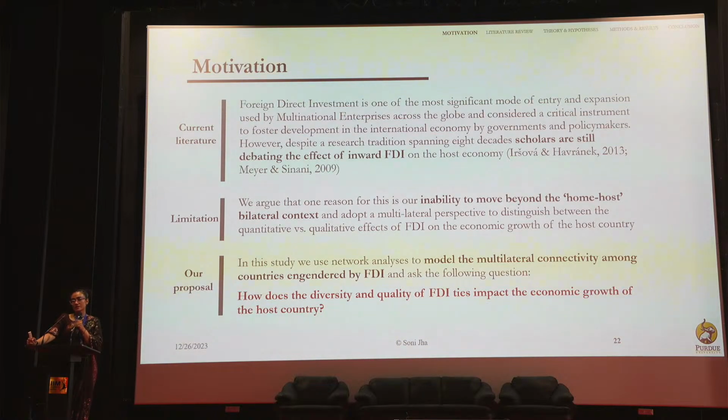Some scholars also try to say that it depends on where the country is in its stage of development, right? Or where the inward FDI is coming from. Let's say if a company is coming to India with the sole motive of employing really low cost workers, then they're probably not going to locate high value activities here.